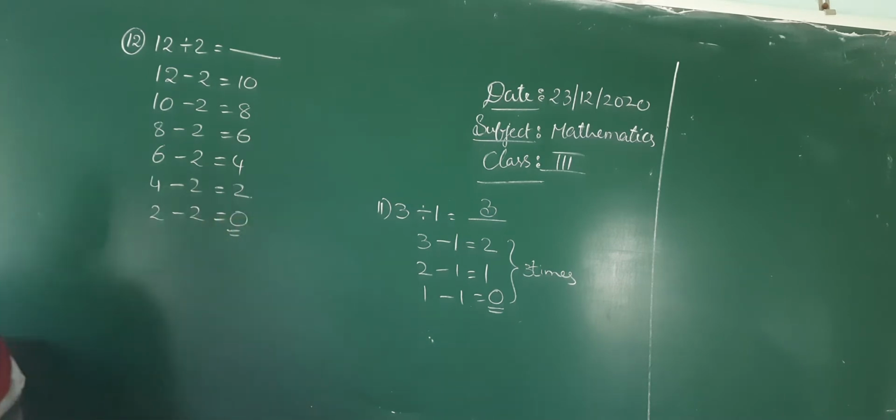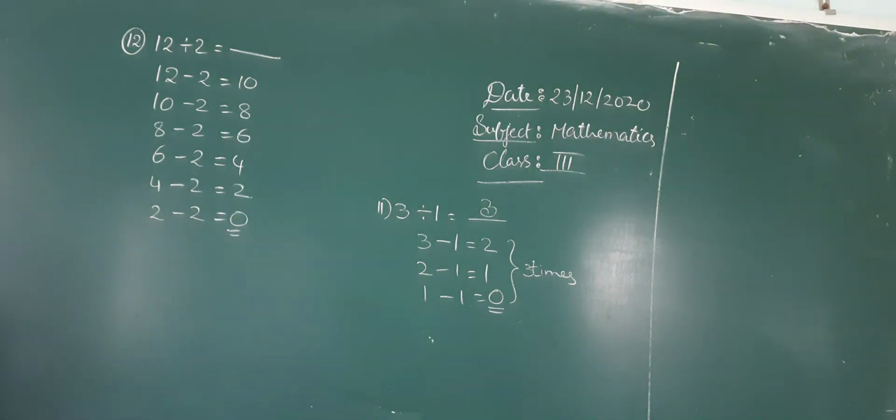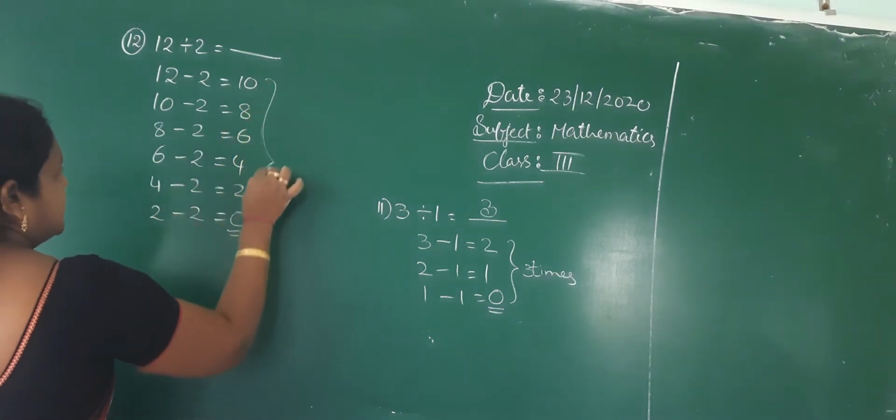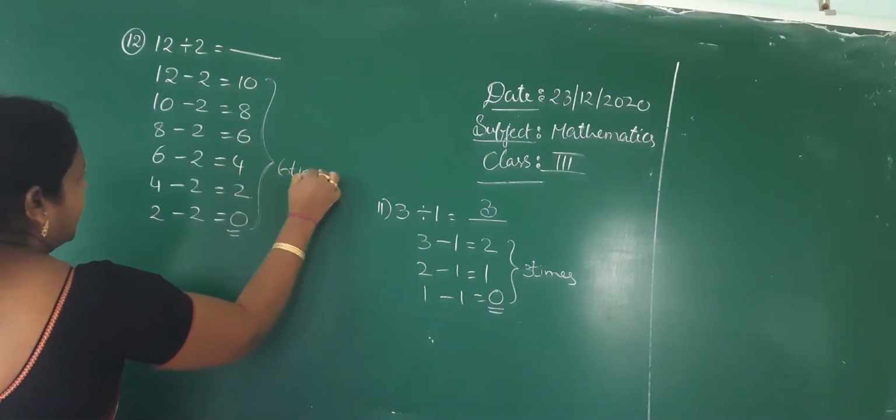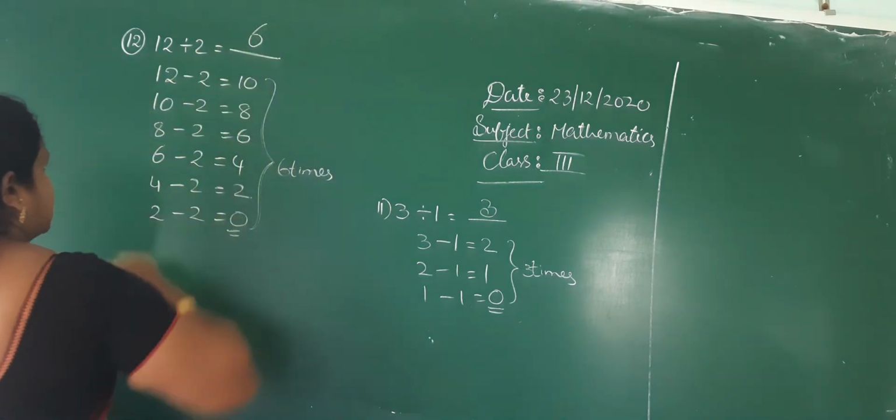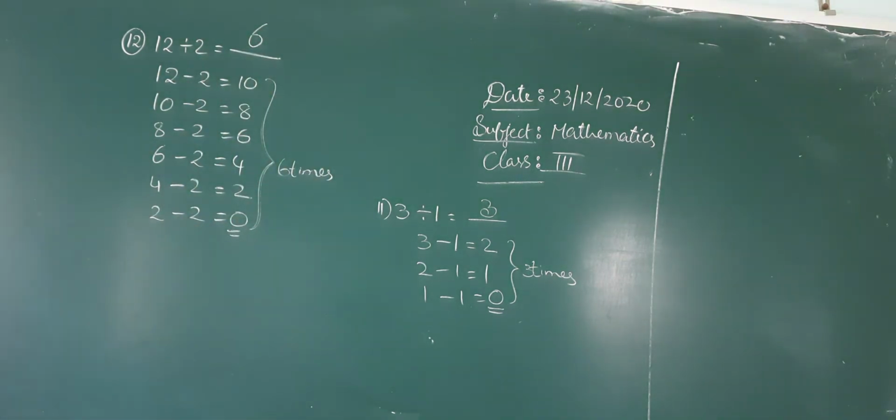Here we got 0. So how many times did I repeat this subtraction, children? Here I repeated this subtraction 6 times. Not 1 or 2 times, I repeated it 6 times. So the answer is 6.